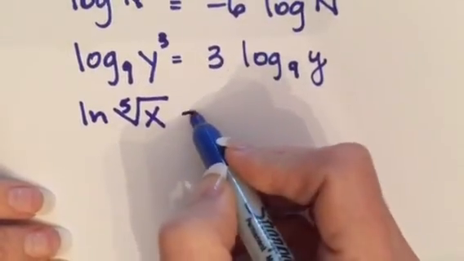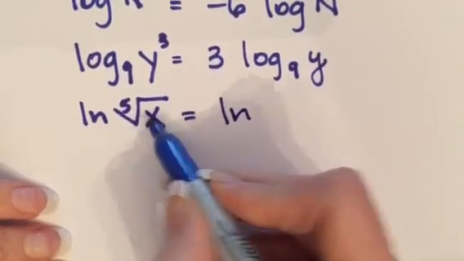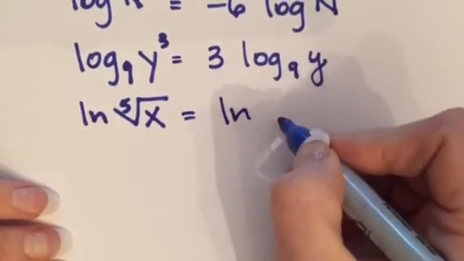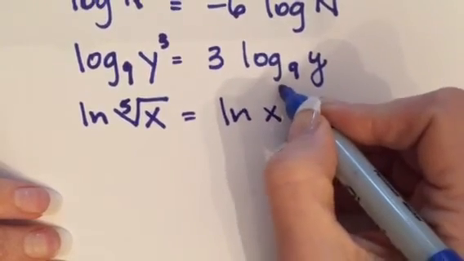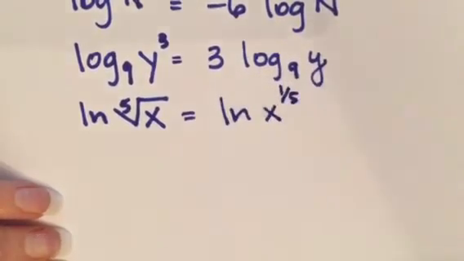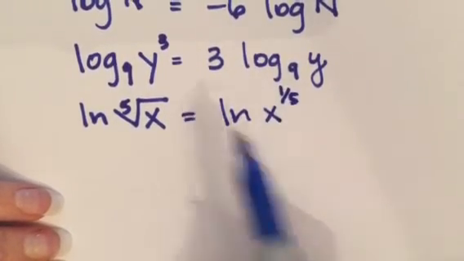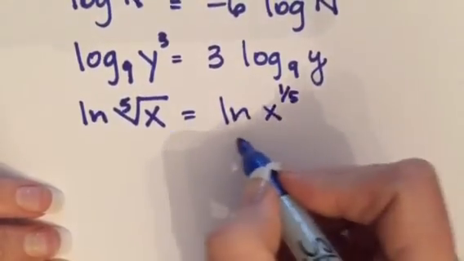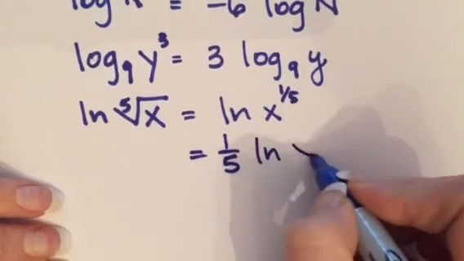Okay, and you may recall that when you have the 5th root of some expression, that it is the same as the 1/5 power. So these are the same thing. And then we want to eliminate this power and pull that out front. And so we will call this 1/5 times ln of x.